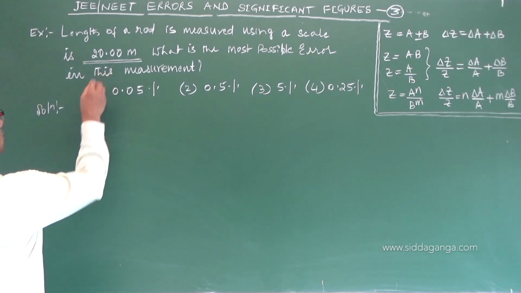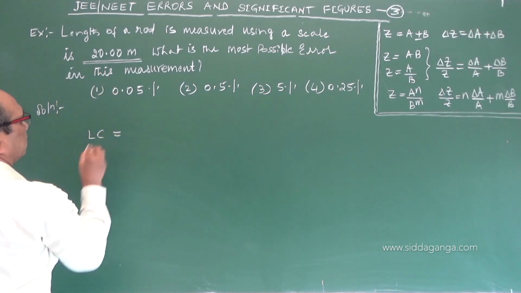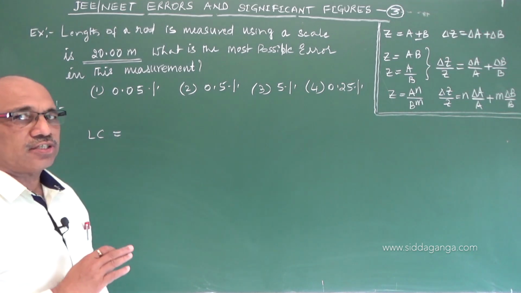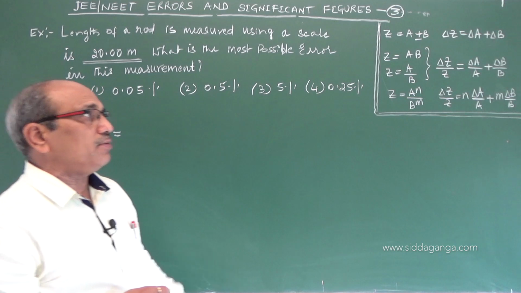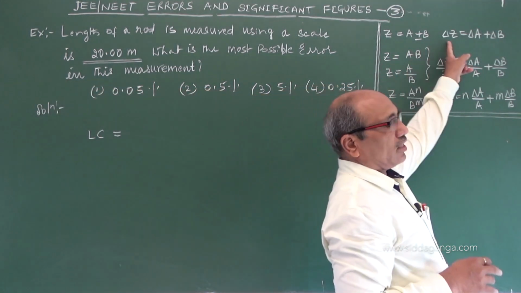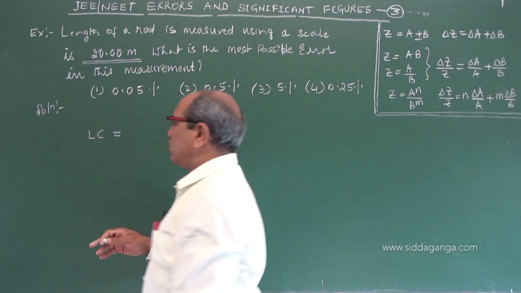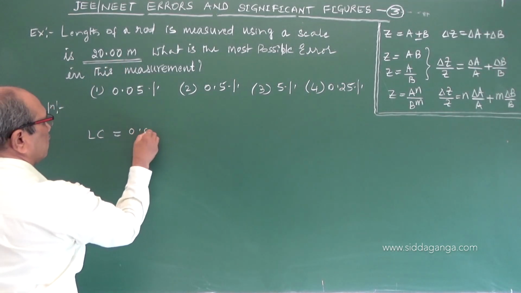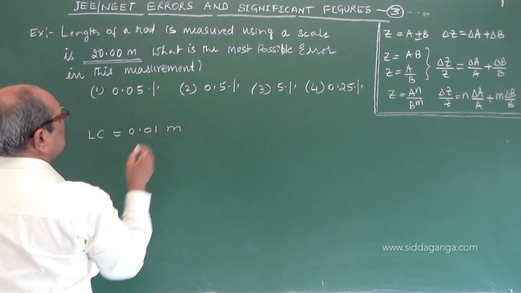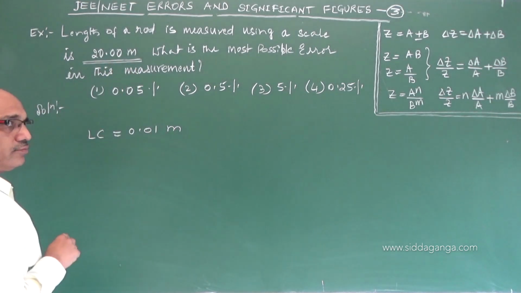So in the solution, the least count of the instrument is considered as the mean absolute error. I told you that the measuring instrument's least count itself may become the mean absolute error. If you see the 2 digits after the decimal, that means 0.01 meter according to this scale.